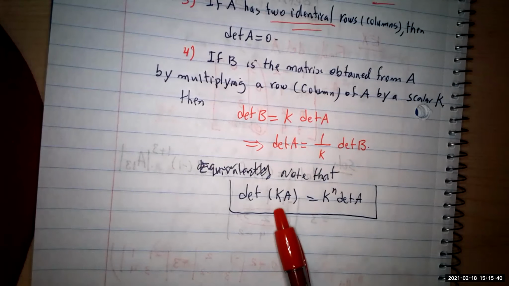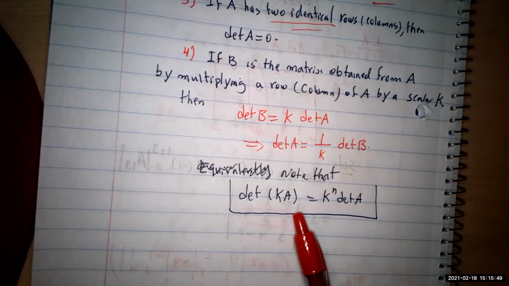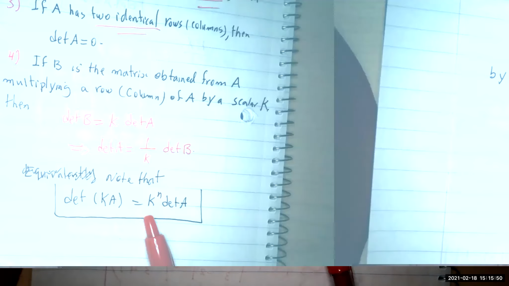But if you repeat this for each row of your matrix, the determinant of k times A would be k to the n times the determinant of A, where A is an n by n matrix. This would be very useful. Usually they give you one problem and we check all of them.